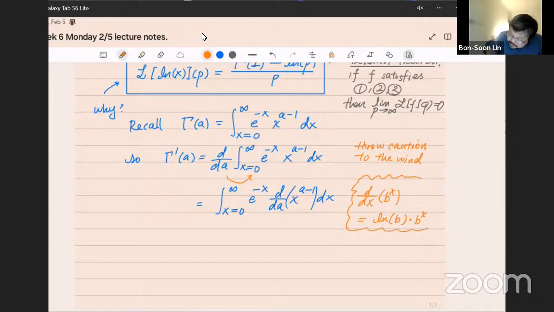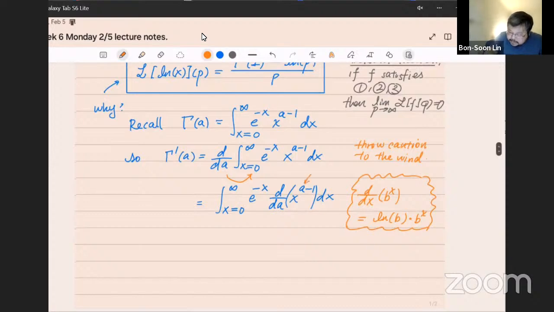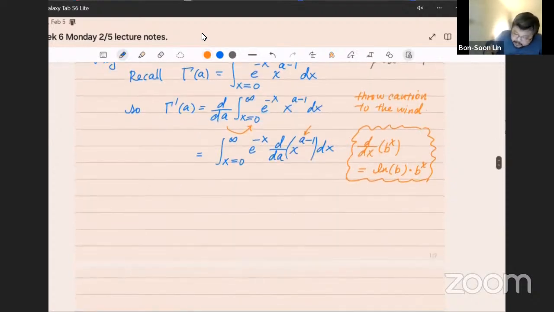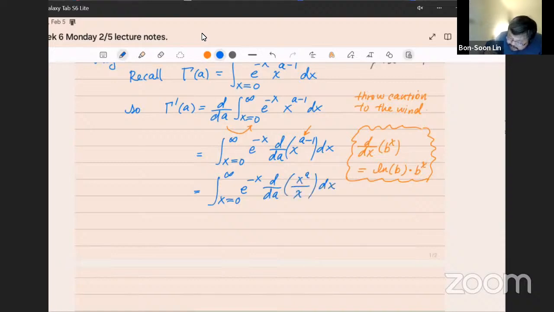Remember this? Okay. So here we're differentiating with respect to a. A is in the exponent, right? So we can do this. This is e to the minus x. Now, this looks kind of bizarre, but let me write it this way: d by da of x to the a over x dx. Again, we're differentiating with respect to a. So a is an exponent, x is the base, and the denominator x is doing nothing.